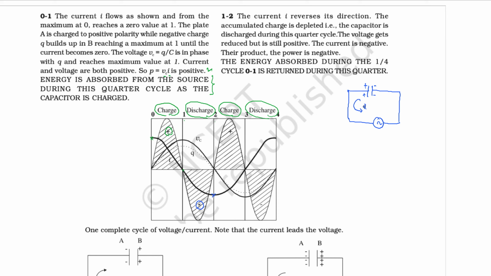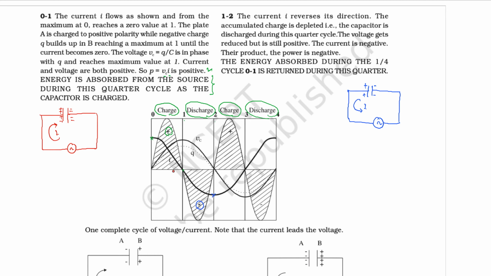This is the current I, and in the first case, the charging process diagram will be like this. This is the plate A of the capacitor, and this is the source of voltage, and this is the flow of current. This is the charging process. It is shown like this. Okay, so the discharging process will then take place in this form.